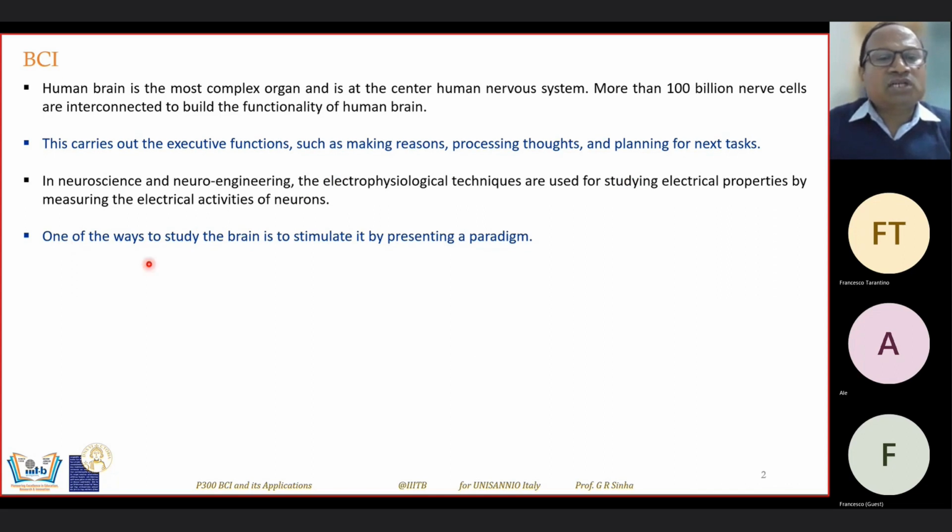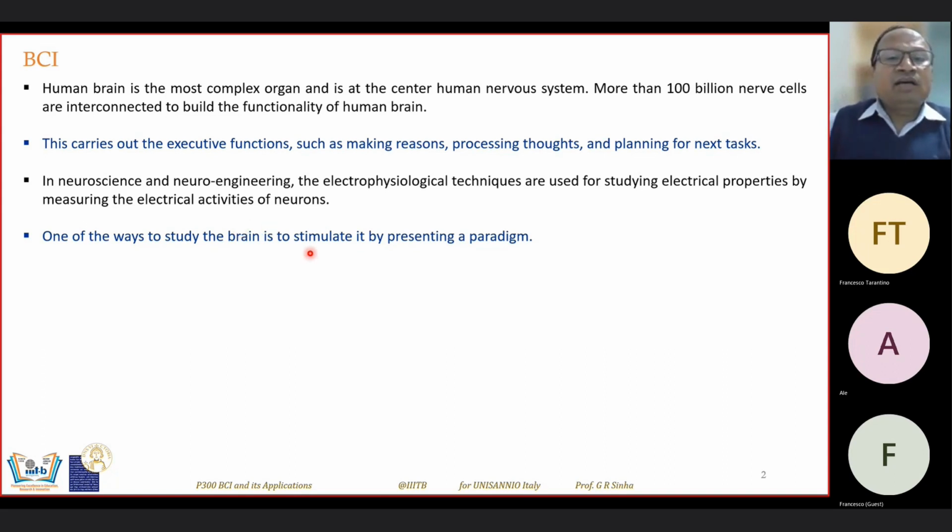To study the human brain, there are many methods. We can just capture the signal when a person is engaged in some activity, or we can stimulate the human brain, and the reaction to that stimulus can be recorded as a signal.